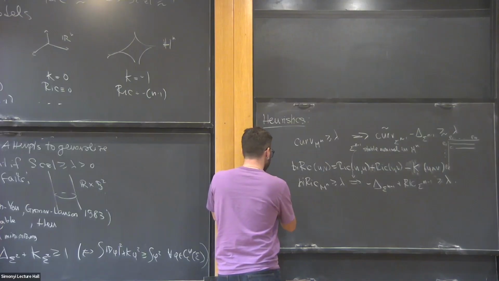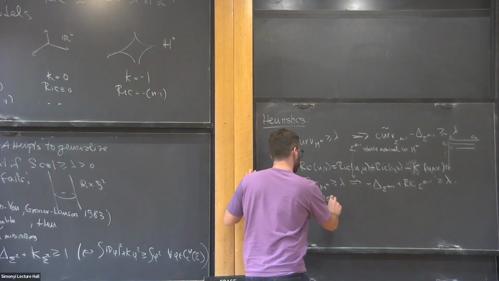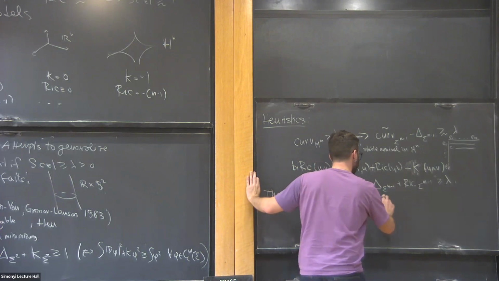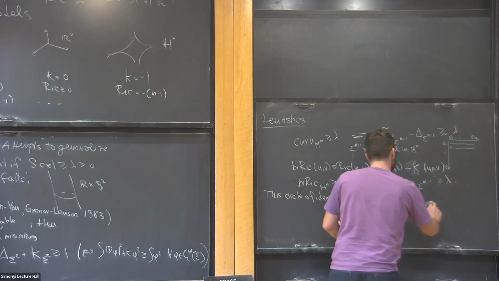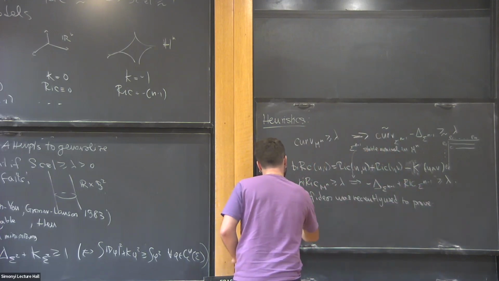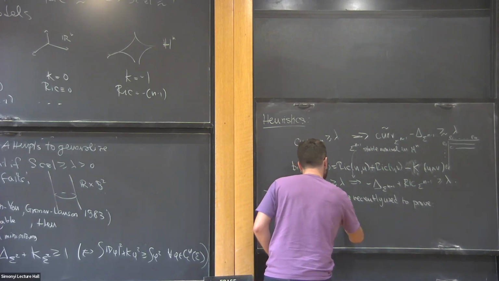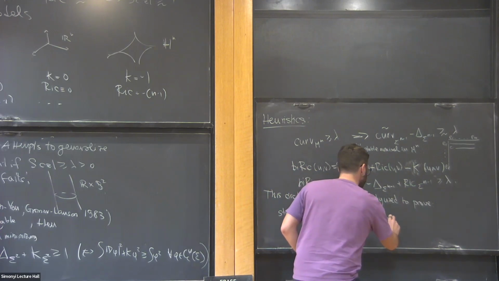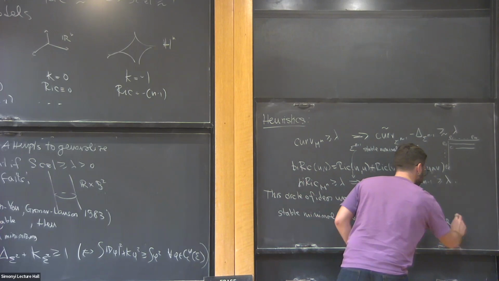circle of ideas was recently used to prove that stable minimal hypersurfaces in R5 and R6 are actually hyperplanes.